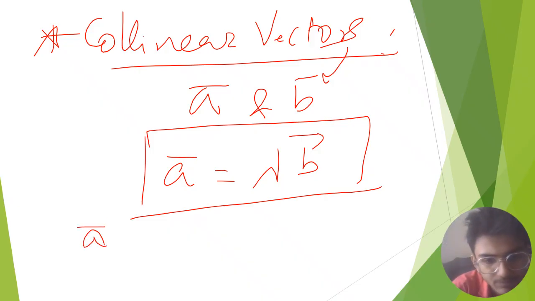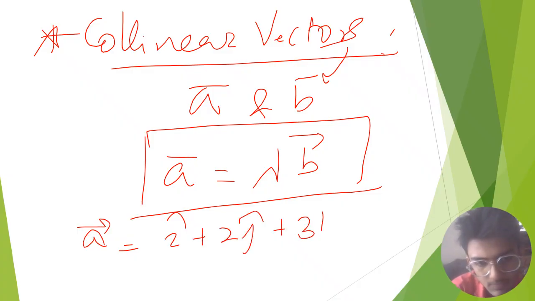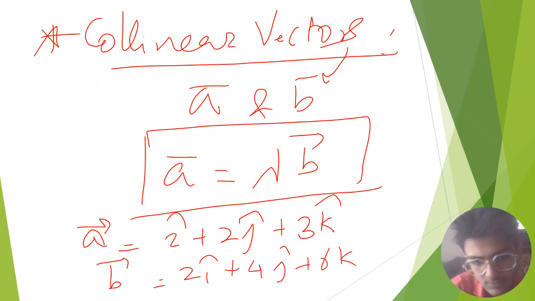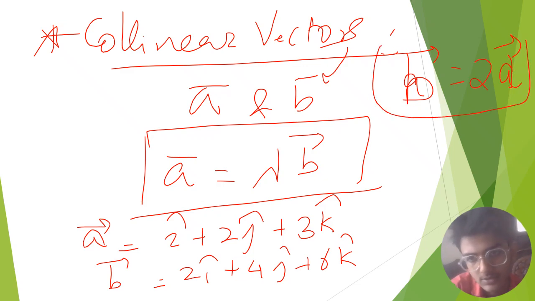Like this vector A is i cap plus 2j cap plus 3k cap, and suppose the B vector is 2i cap plus 4j cap plus 6k cap. So we can write B vector as 2 times A vector. Okay, this is a scalar value. It can be positive also, it can be negative also, it can be fractional also. If some background noise is there, I'm very sorry for that, I can't change that. So we can write it in this way, okay?